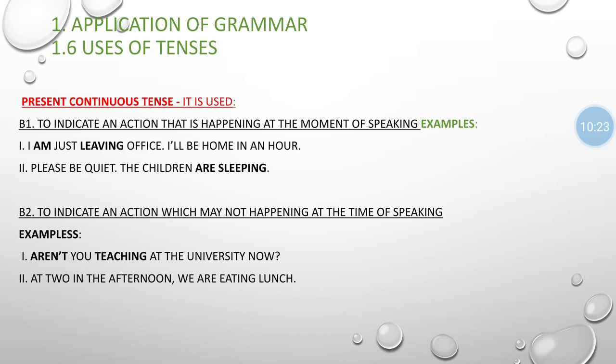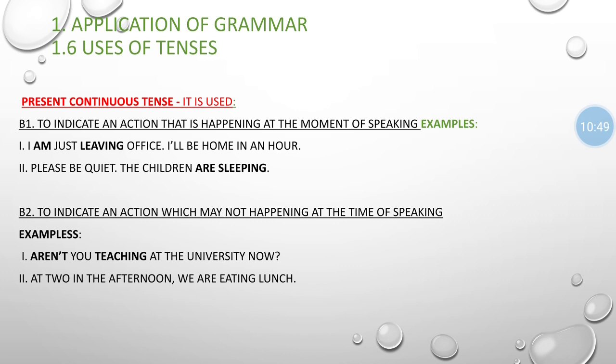We need a helping verb. That's why we use am, is, are as helping verbs in the present continuous tense. The present continuous tense indicates the action is incomplete or continuously going on. The sentence structure is subject plus am, is, are plus verb plus ing form plus object plus full stop.